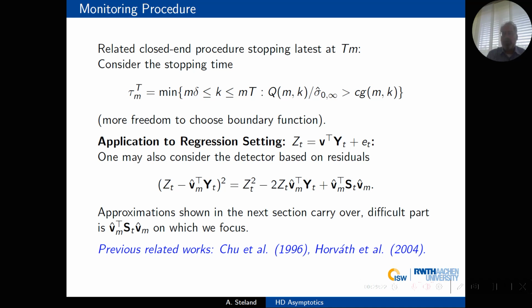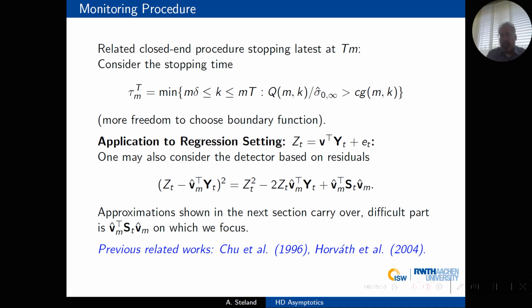Then we may consider the detector based on residuals of this regression. So we compute the regression residuals and square them. Then we see that we have this expression, of course. And here we see that as the crucial part of these squared residuals, this quadratic form appears, which is the essential part of our detector.